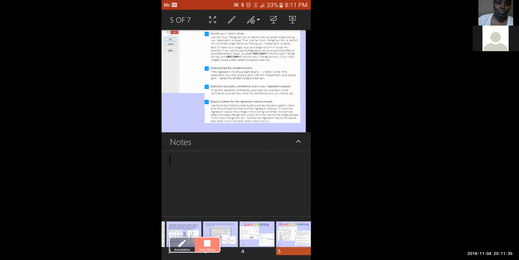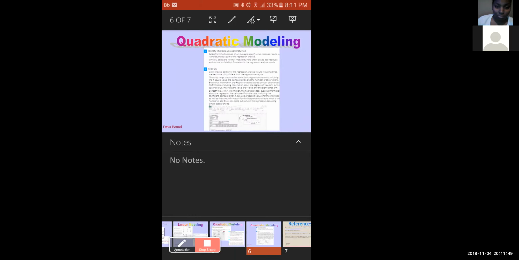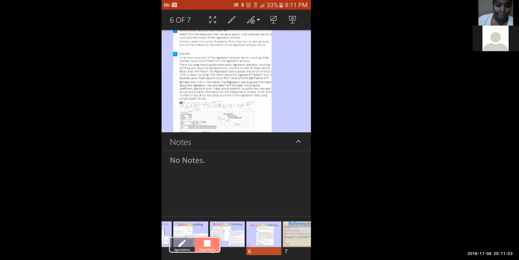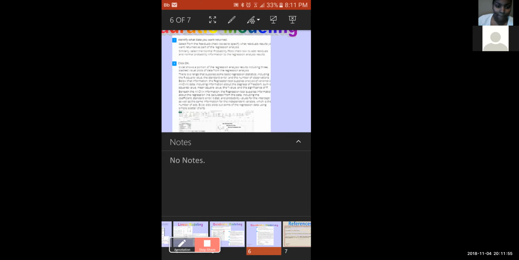To calculate your regression analysis, you select the confidence level checkbox, and then in the confidence level, you enter which value you want to use. So, okay, this is what I was talking about. Going back to where you want to return to find the probability plots, you add the residual and normal probability information into the regression analysis results, and then you press OK.